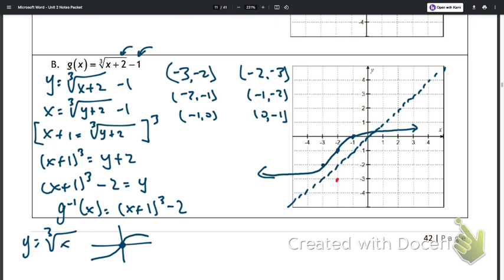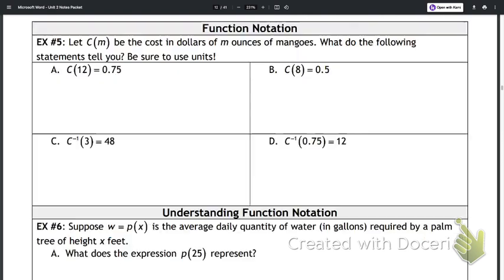We've got -1, -2. And we've got 0, -1. So that's going to look like this when we graph it. So this is the inverse, and this was the original function. And then if we were to plug that in to each other, we would get that they both equal x. All right, let's try something else.